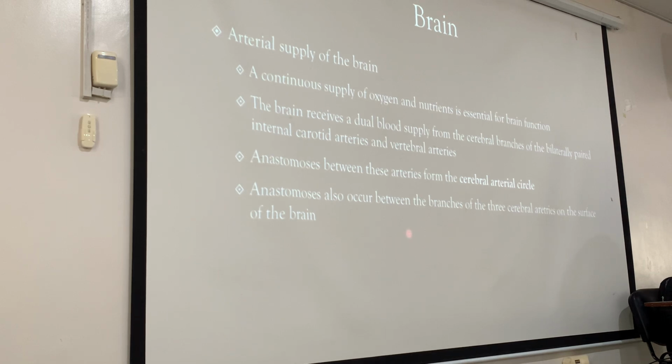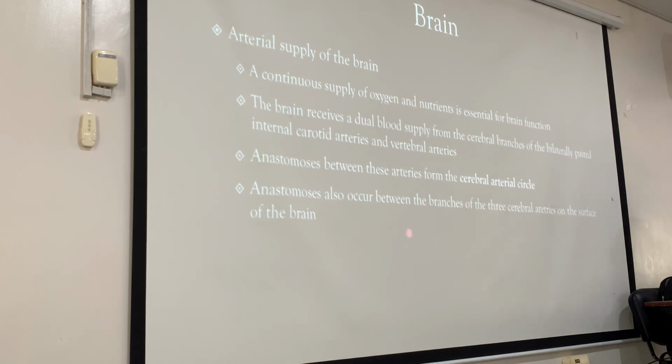The brain receives a dual blood supply from the cerebral branches of the bilaterally paired internal carotid arteries as well as the paired vertebral arteries. So the internal carotid arteries are going up our neck and the cranial cavity and supply the brain. The vertebral arteries are also going up the neck to supply the brain.